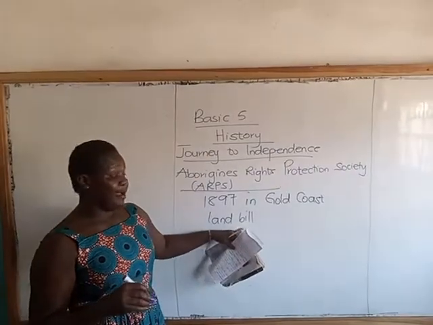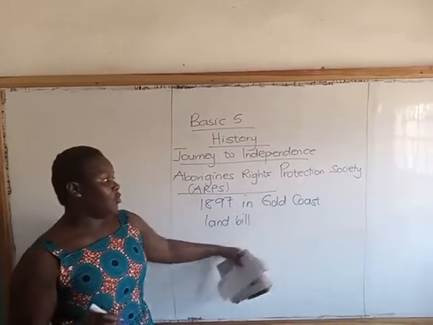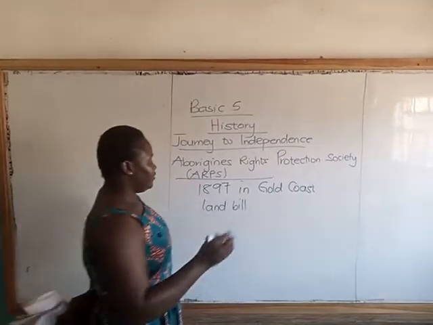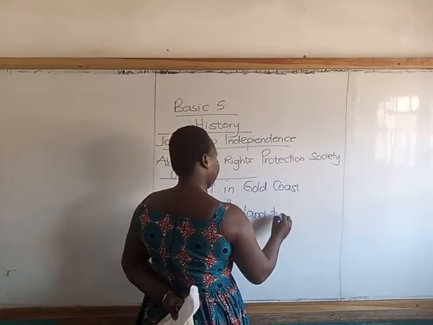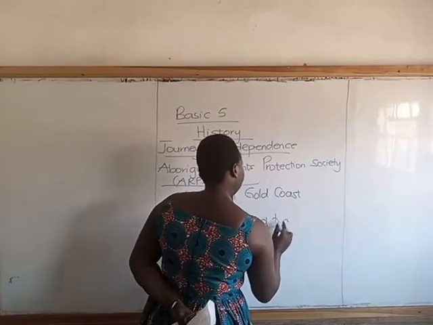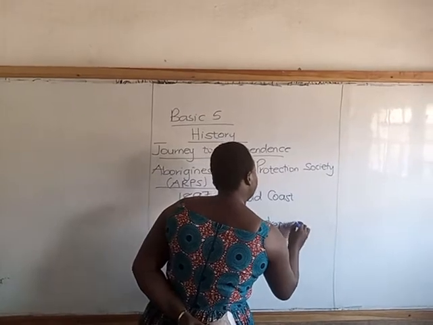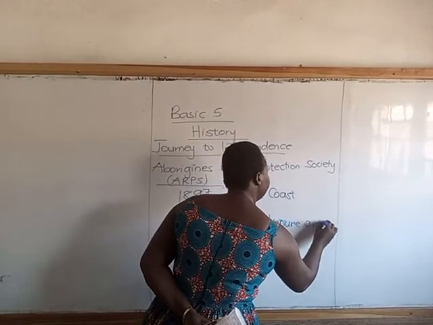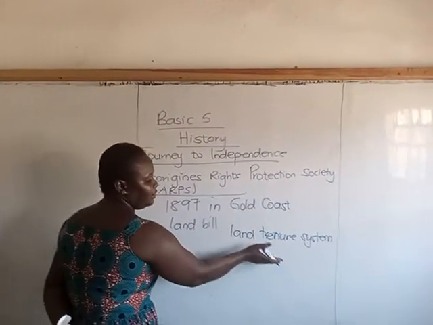So these people were angry over that and decided to protest, because in those days they practiced what we call the land tenure system. This was what was practiced, which gave the traditional leaders the right over lands.